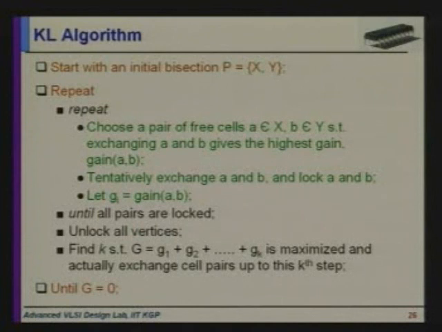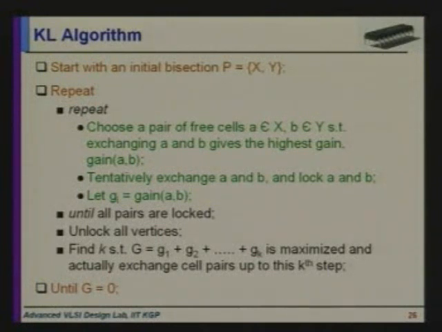So, we come to the algorithm. First we choose a pair of free vertices such that A belongs to partition 1 and B belongs to partition 2. Then we exchange such a pair A and B such that the gain through their exchange is the highest.